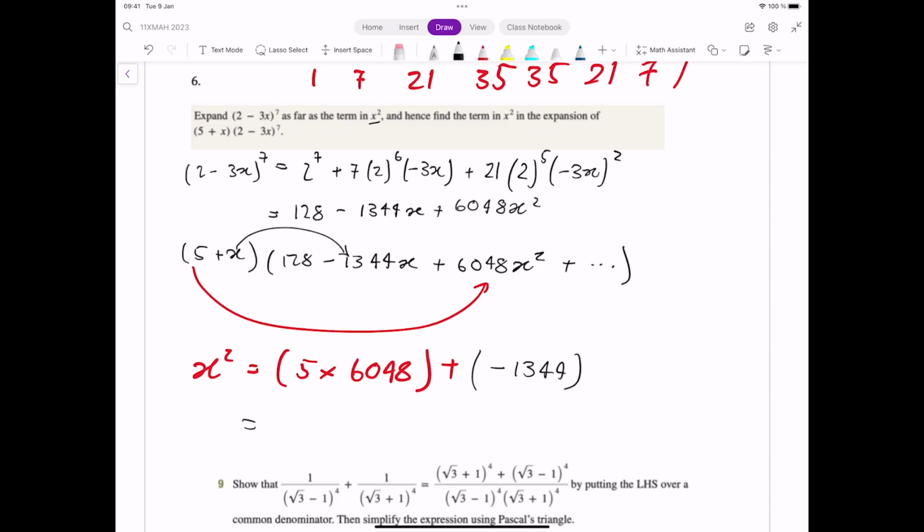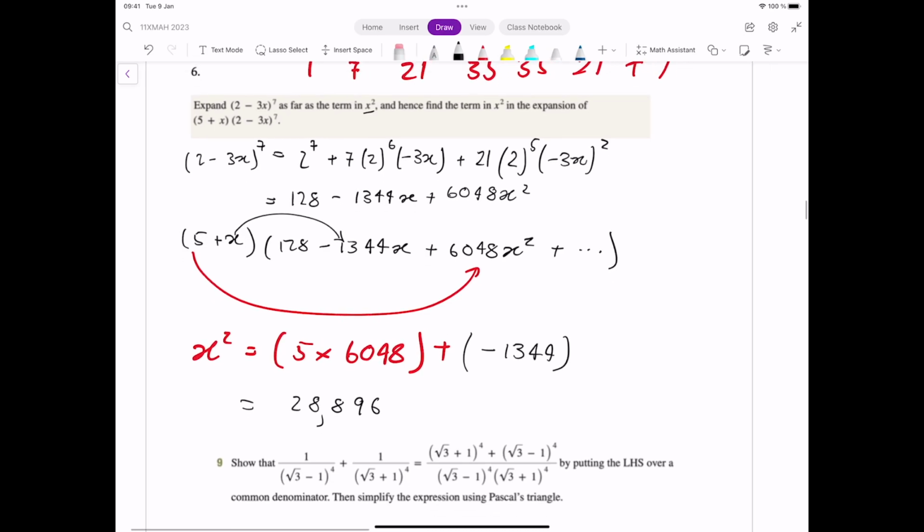So 5 times 6048 minus 1344 is 28,896. Okay.